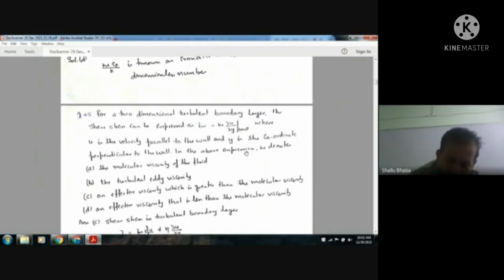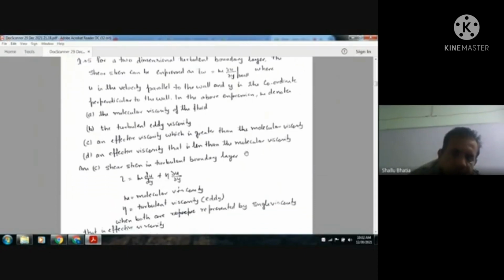In the above equation, mu denotes option A, molecular viscosity of fluid; B, turbulent eddy viscosity; C, an effective viscosity which is greater than molecular viscosity; D, an effective viscosity which is less than the molecular viscosity.